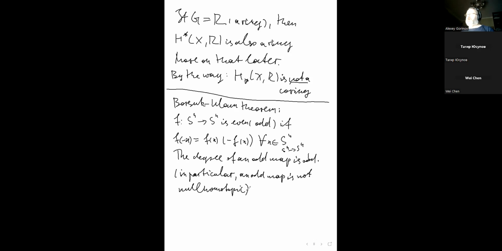And in particular, they say that the statement is somehow useful in computer science.